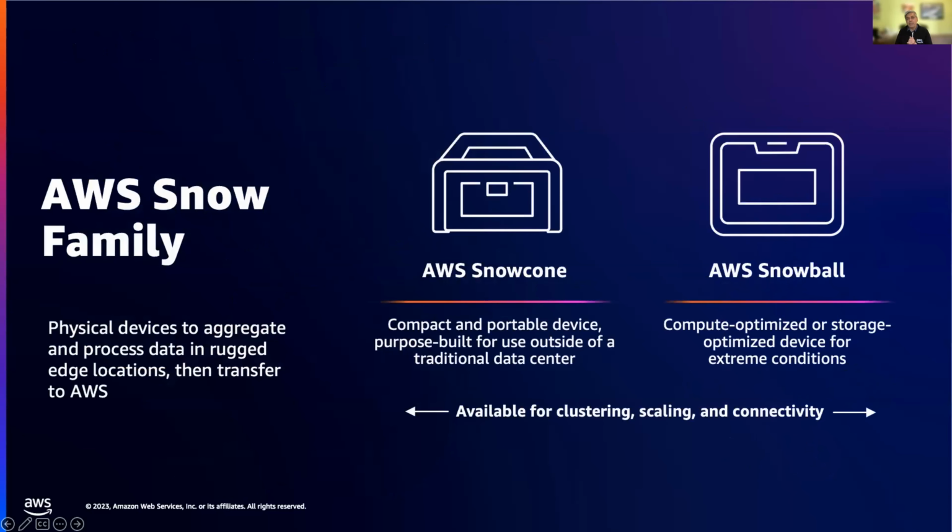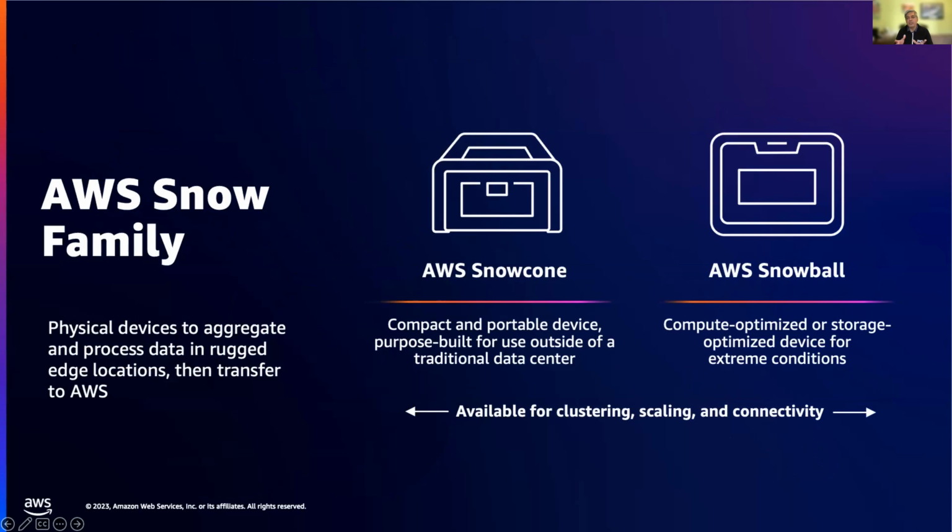The Snow family that I talked about is really the centerpiece from a storage point of view. The Snowball itself looks like a suitcase. It has compute, and it's either a compute optimized or storage optimized device for extreme conditions, extreme weather, extreme locations where it's not necessarily set up as well as your data center.